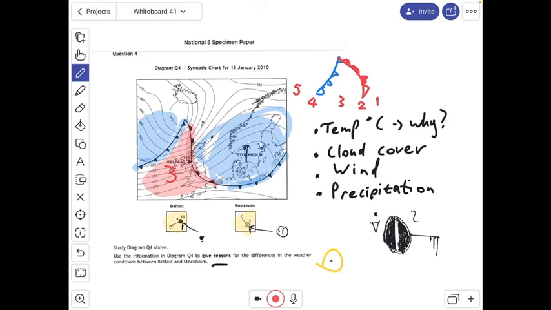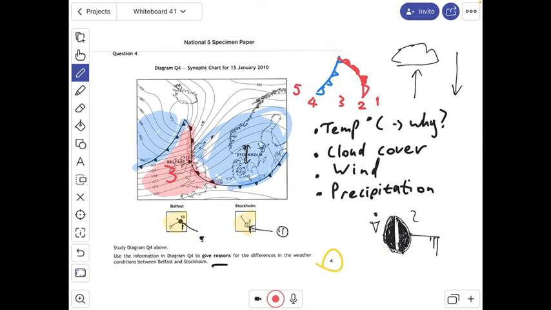Because look, the isobars are far apart. Therefore, this indicates there are no clouds in the area. When you have low pressure, like in a depression, that must mean that there's clouds, because low pressure means rising air. High pressure means sinking air.